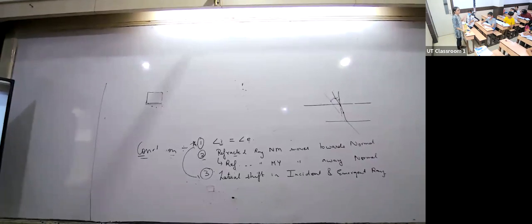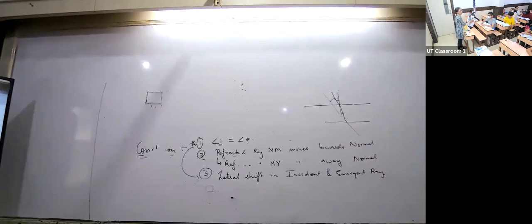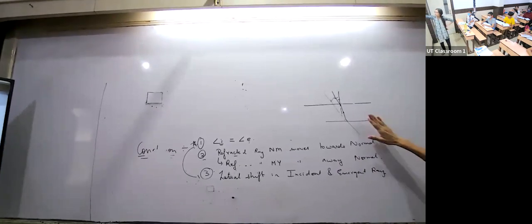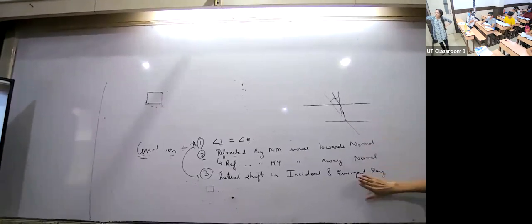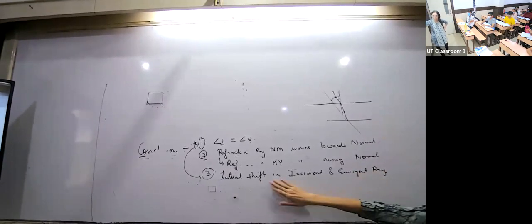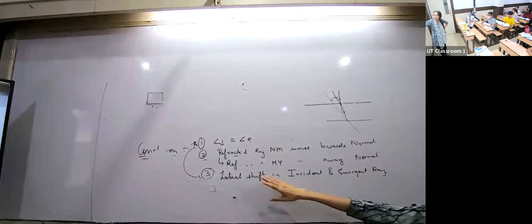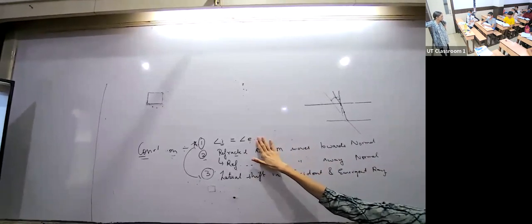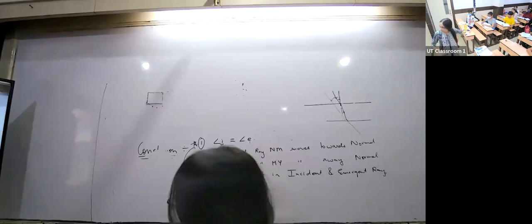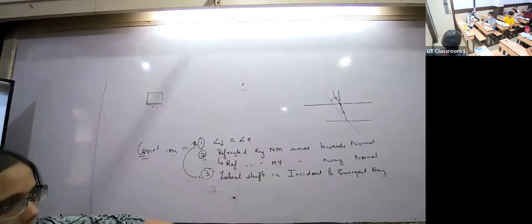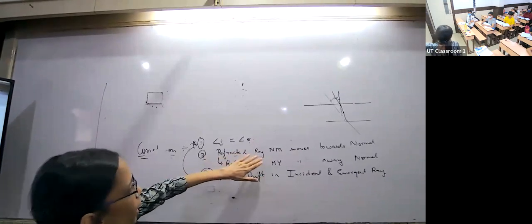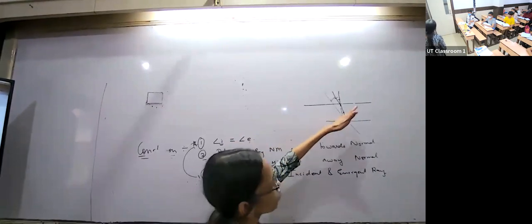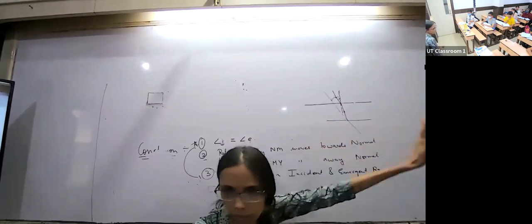So we can put that shift as well, because we are using 4 different angles of incidence in this case. But in all those cases we will see that our incident ray and emergent ray are always parallel to each other. That is why there is lateral shift. And in all of those cases, the angle of incidence and angle of emergence are the same. Also, when our incident ray hits the glass medium, it moves towards the normal, and when it moves out of the medium, it moves away from the normal.